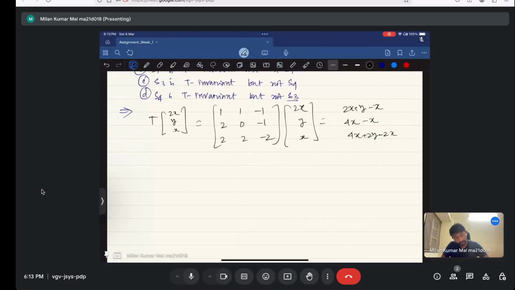So this is nothing but x plus y, this is 3x, and this is 2x plus 2y. So this can be written as (x plus y, 3x, 2x plus 2y).